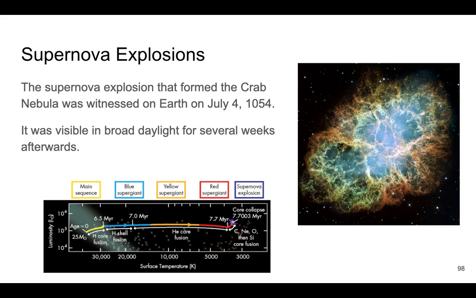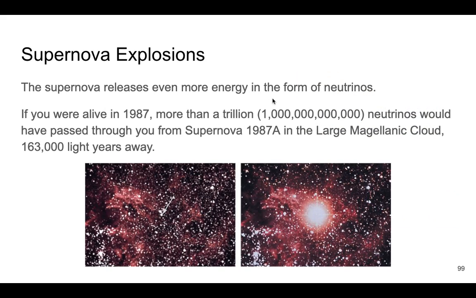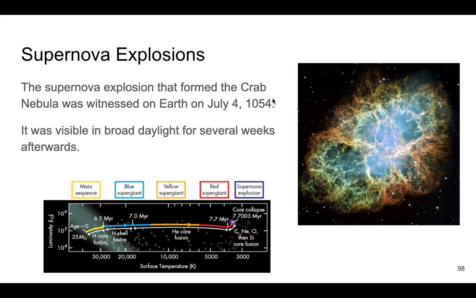You're not supposed to be able to see the stars out on a bright, clear blue day, but this thing was so bright, you could see it through the daylight. So it was visible in broad daylight for several weeks afterwards. It doesn't say so here, but it was still visible at night for about a year, and then eventually it faded away.